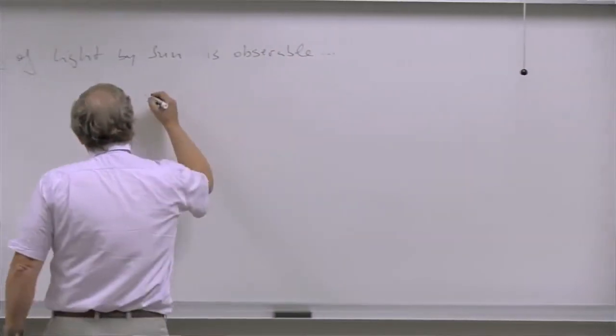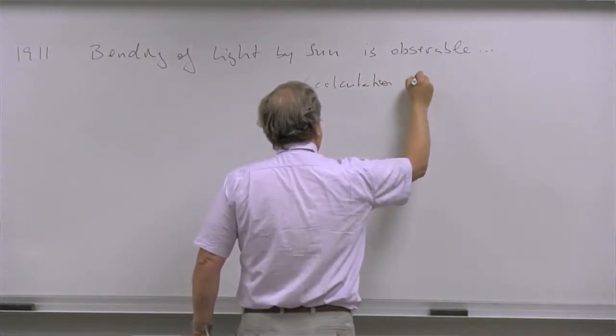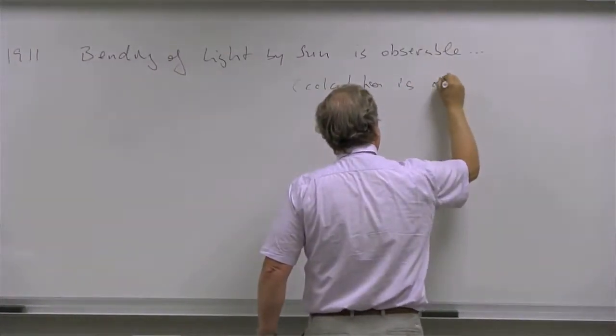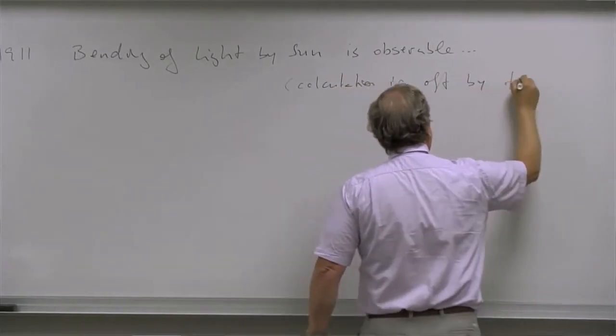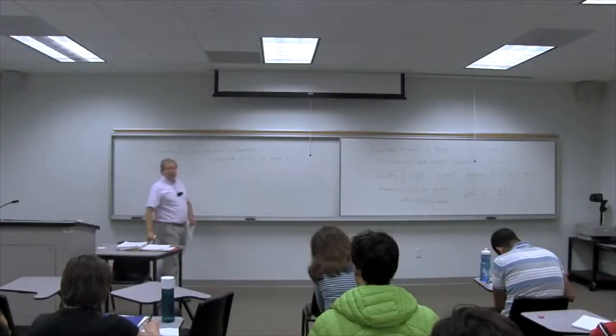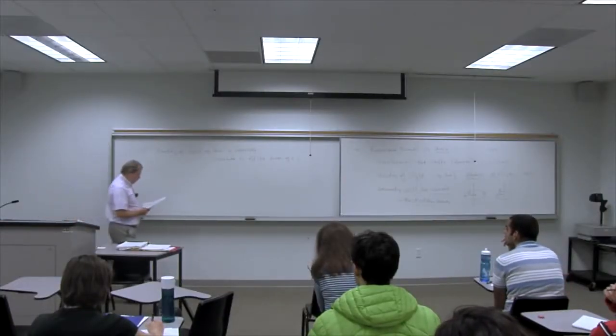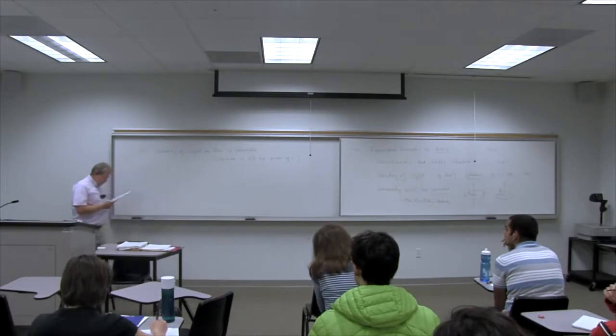He actually calculates it, and the calculation is off by a factor of 2. He ends up getting a number which turns out to be incorrect because it doesn't have the general theory.